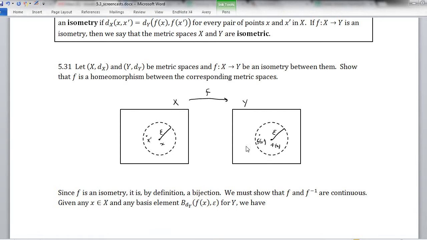We have to find a neighborhood of x back here that's going to map into this epsilon neighborhood of f of x. And because distance is preserved, we can just take the open ball of radius epsilon. So I claim that if we apply f to the ball with respect to the X metric about x of the same radius epsilon, that's going to be a subset of this ball of radius epsilon about f of x in Y.